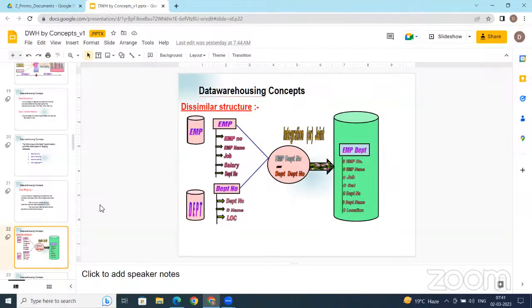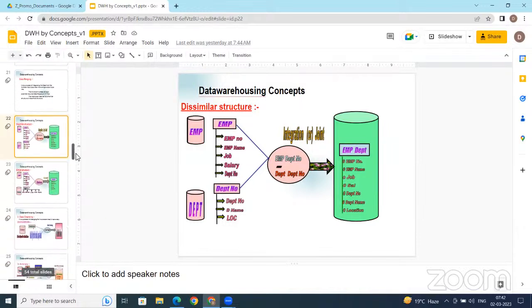To merge them, we join based on the key column. For example, the employee table versus the department table, where the employee department number is equal to the DEPT department number. Based on the join condition, we combine those two tables' data into a single resultant table.